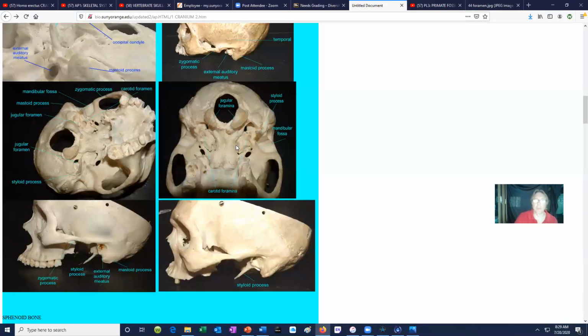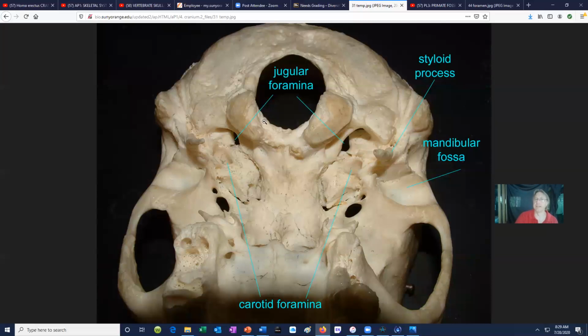And so if you were trying to find this in lab, maybe you would say find the foramen magnum and the occipital condyles on either side of it. And then here, the styloid process and the mandibular fossa here.